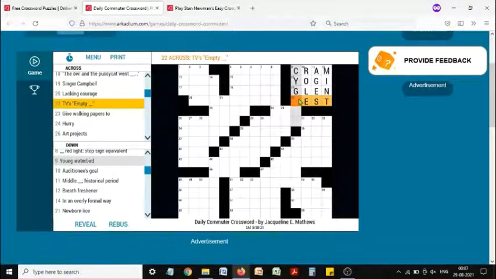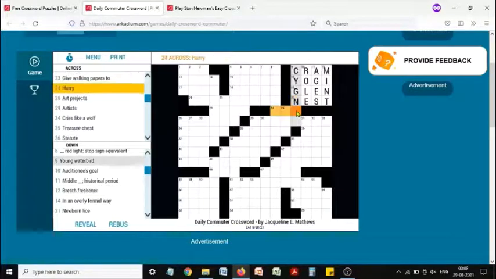22 across. TV's empty nest. So this is, I think, a program. So empty nest is the most common one. Oh, this is Cygnus. I remember when I was studying for masters, we had used a variation of this name for our festival. So instead of CY, we had named it as PSY for psychology, right?